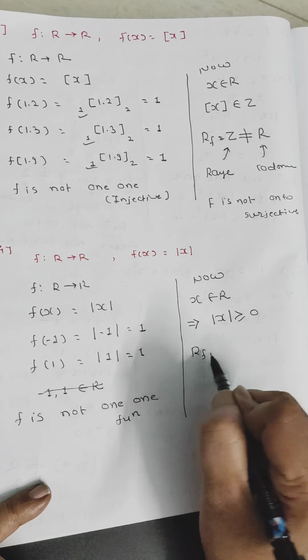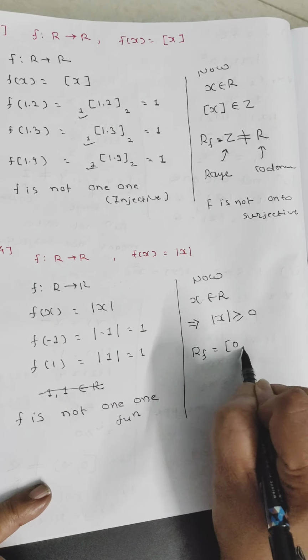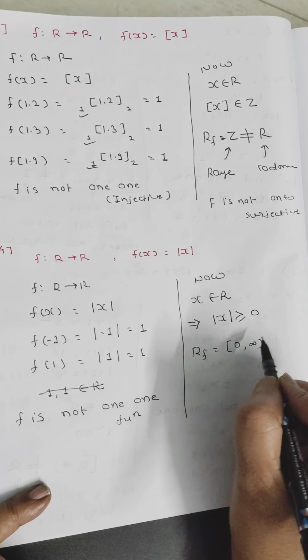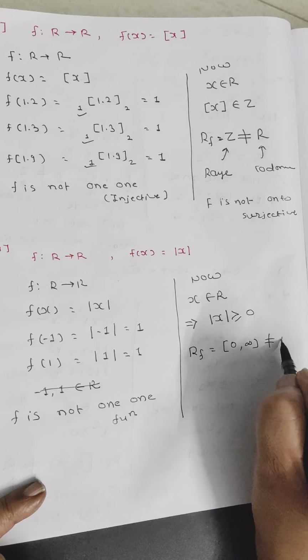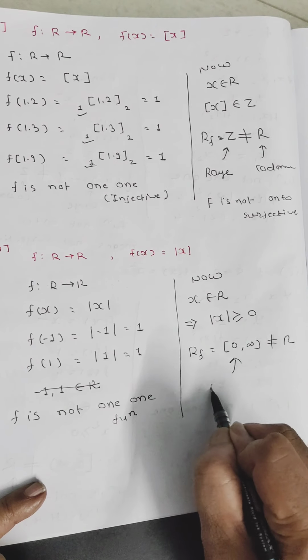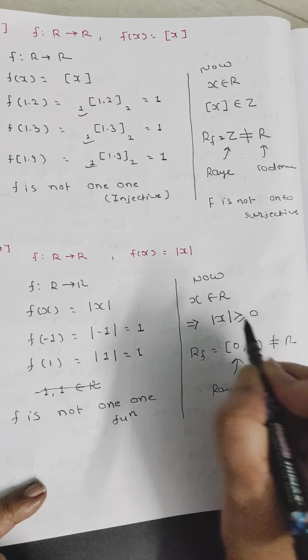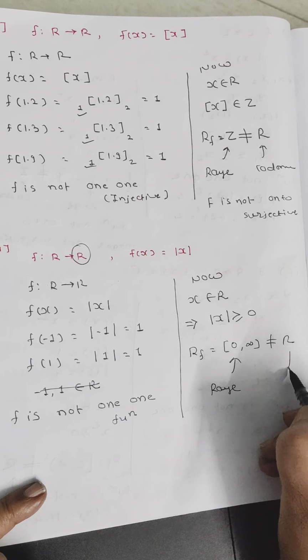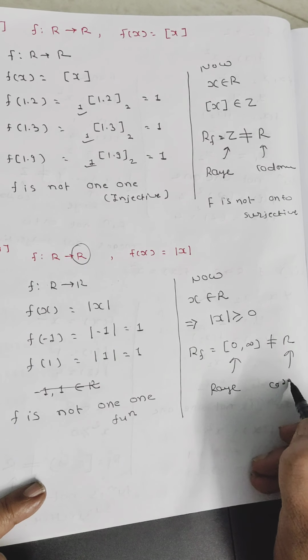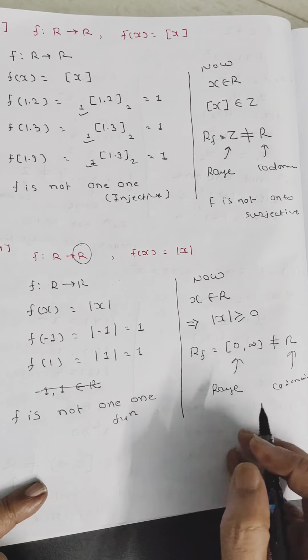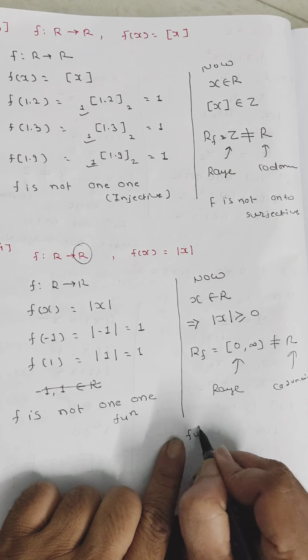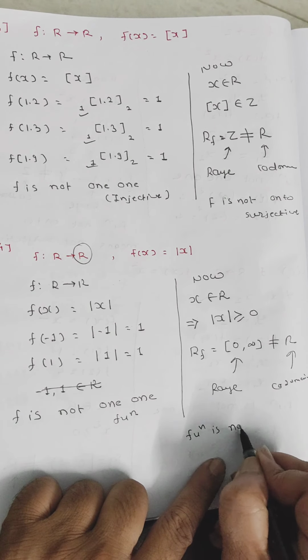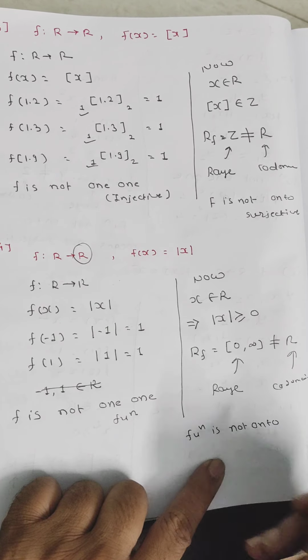So our range of the function is equal to 0 to infinity, which is not equal to R. This is our range. And R, what I am writing, that is the codomain. So the function is not onto.